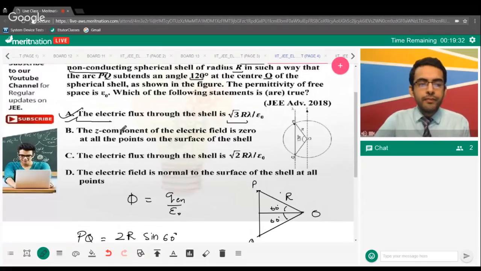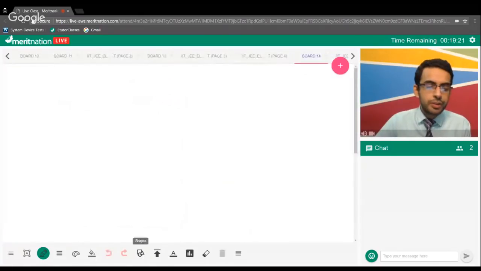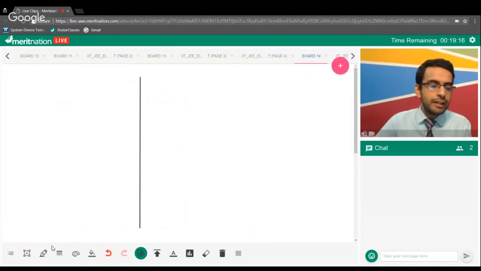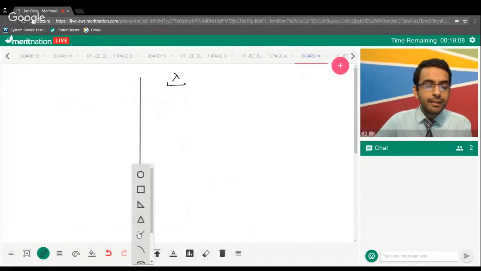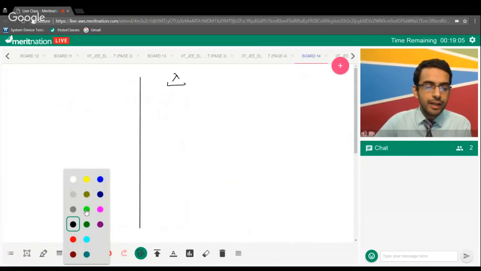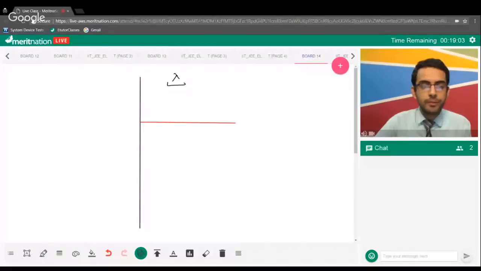Now, next thing, the Z component of the electric field is 0. Dear students, if you are talking about a linear charge distribution or a line charge, suppose this is an infinitely long wire of linear charge density lambda, and it has uniform charge density, the electric field will be directed outwards like this, by symmetry, like this.